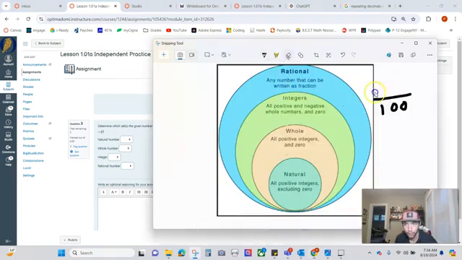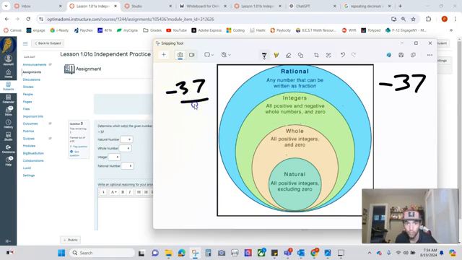So, negative 37. Rational number: any number that can be written as a fraction. Can negative 37 be written as a fraction? Yep, negative 37 on top of 1. Check. Integer: is negative 37 a positive or negative whole number?